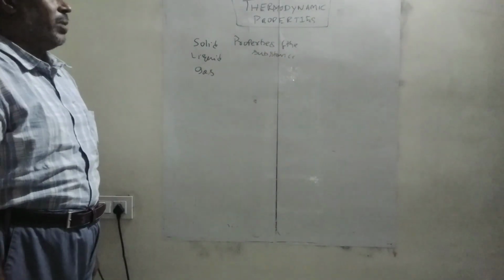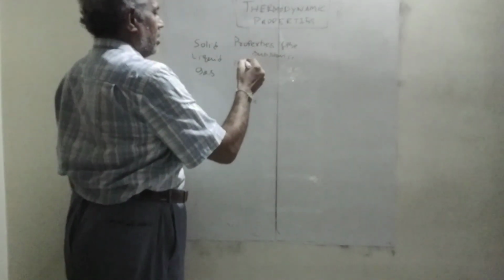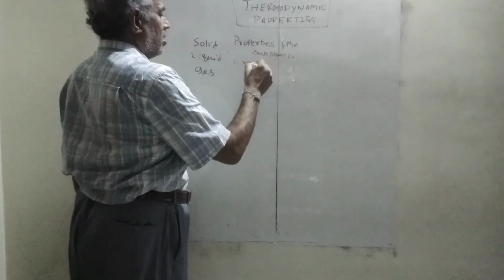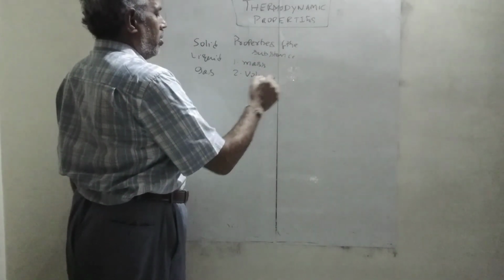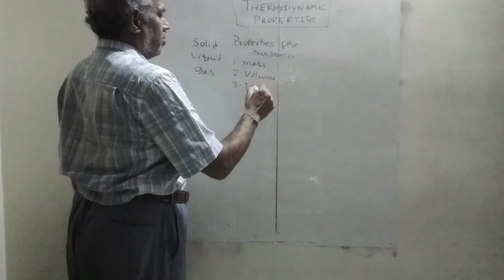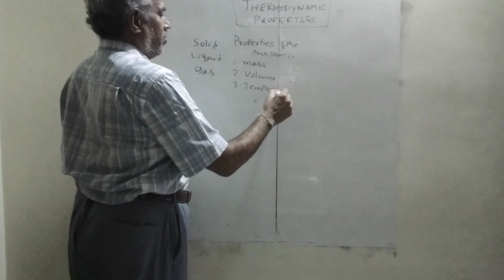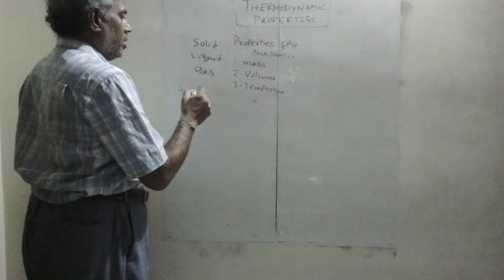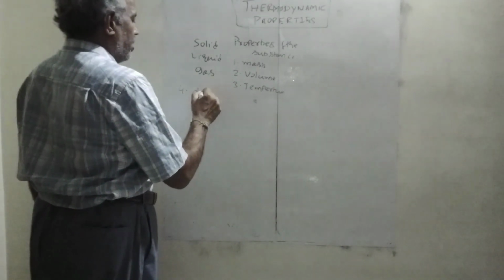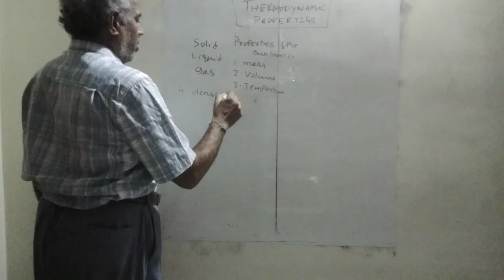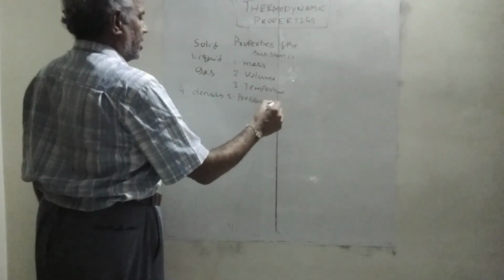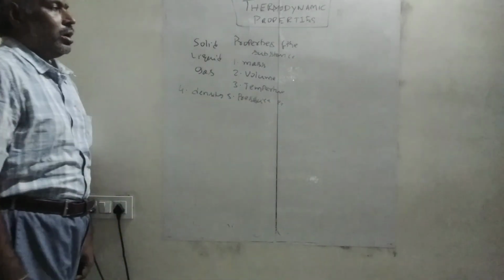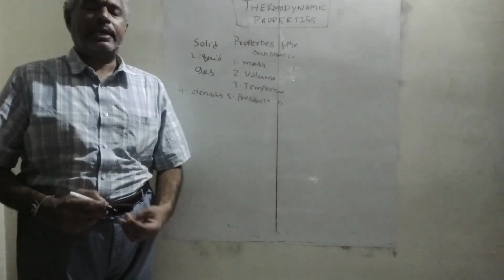The various properties which define these three are mass, volume, temperature, density, pressure, etc. Now, these properties can be classified into two types.